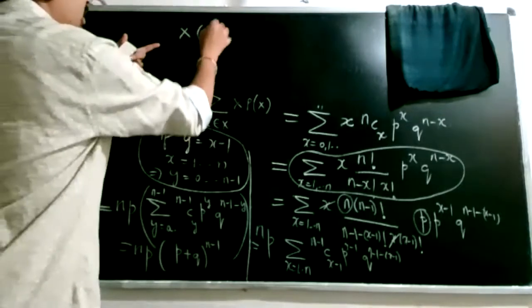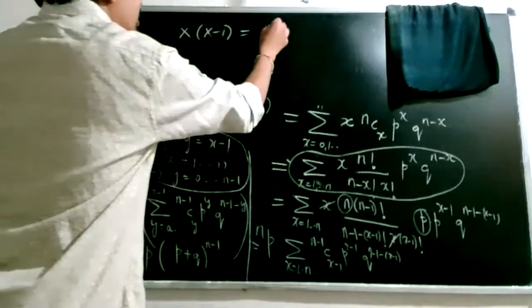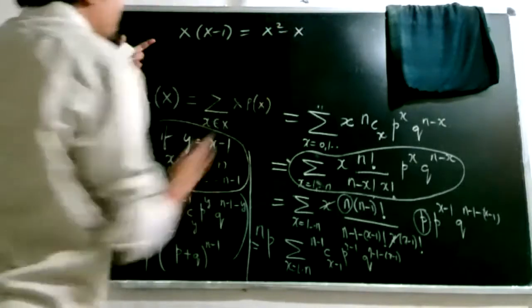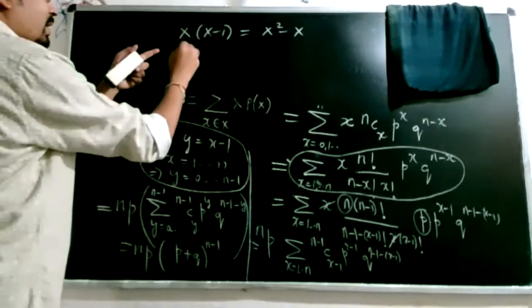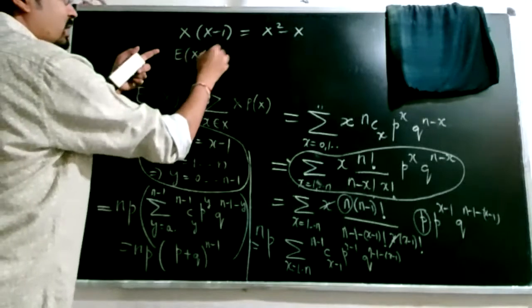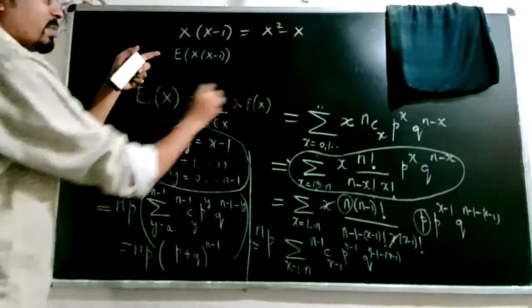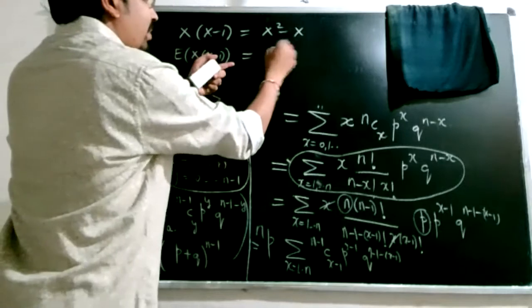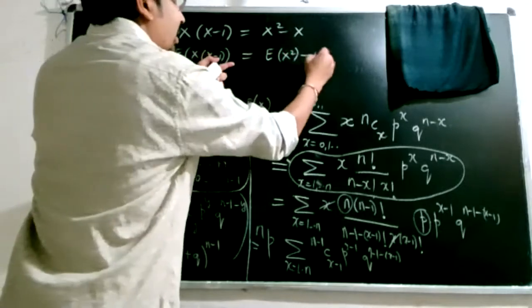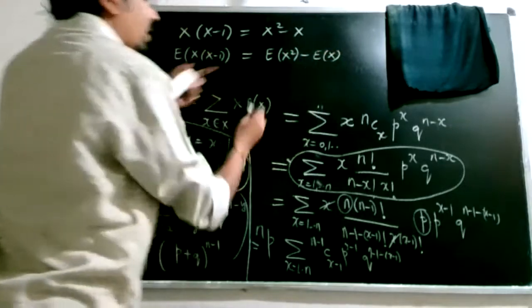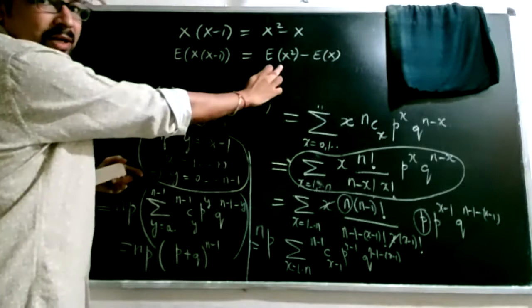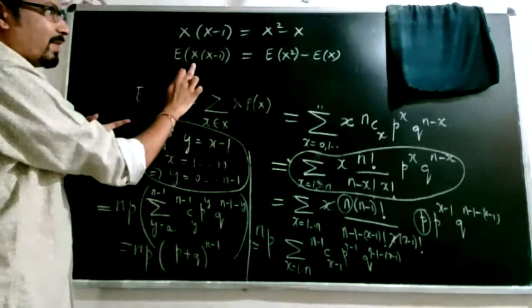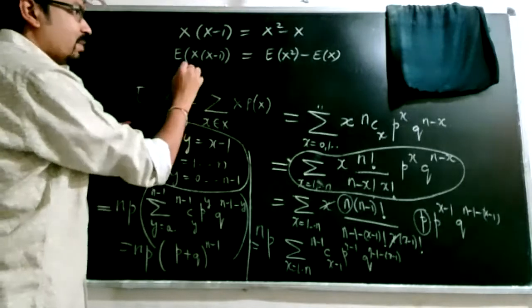Now, simply I know that x into x minus 1 is nothing but x square minus x. So if I obtain expectation using this technique, that is x into x minus 1, that will be the same as my E of x square minus E of x. But I need E of x square, but using the left hand side, I'll be getting E of x into x minus 1.